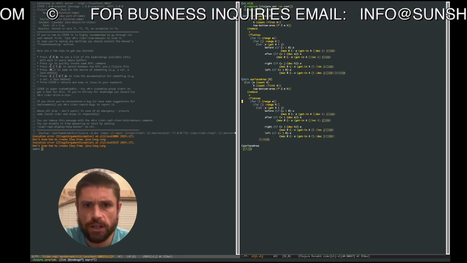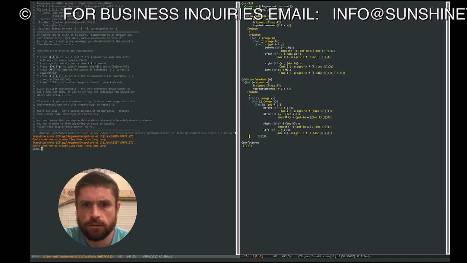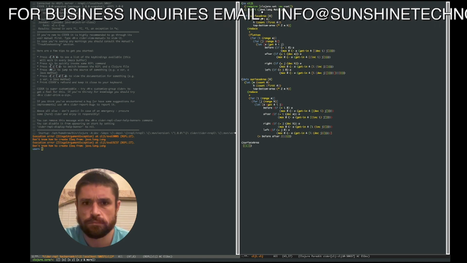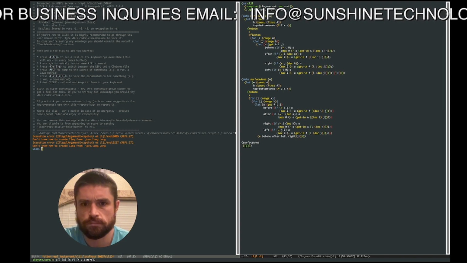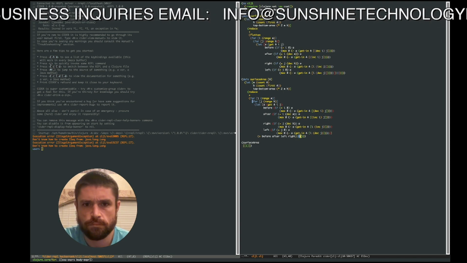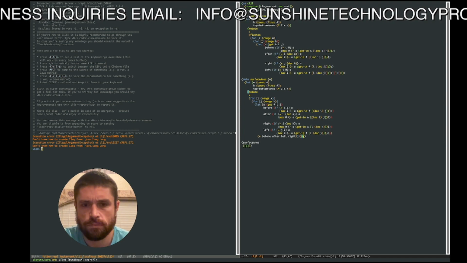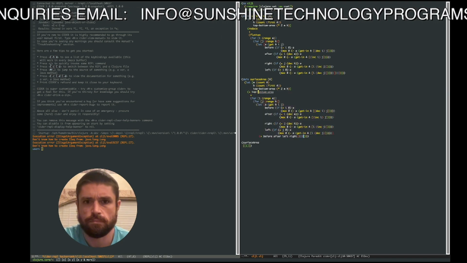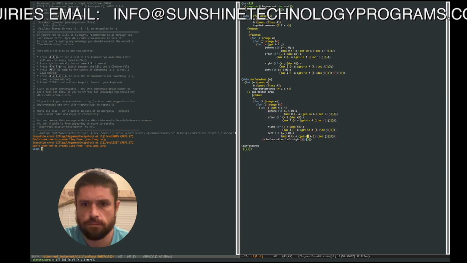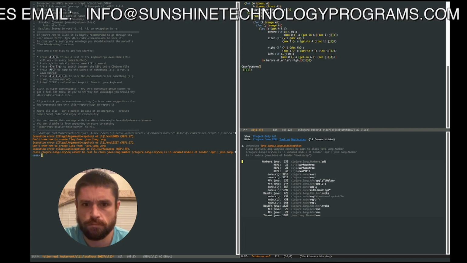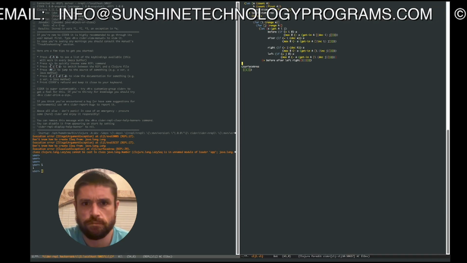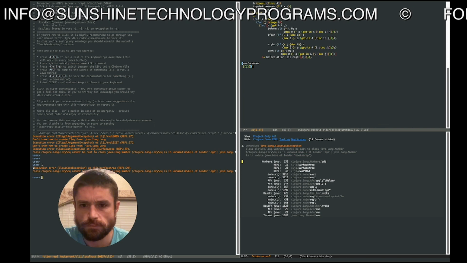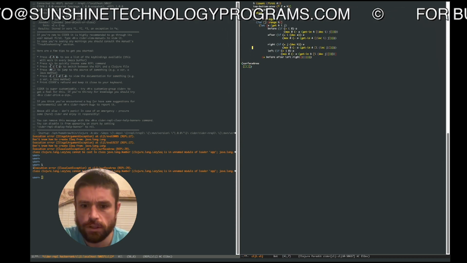We don't even need to flatten, we can just add. Line 29, what's going on there?